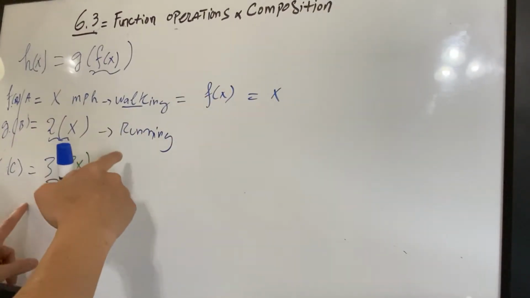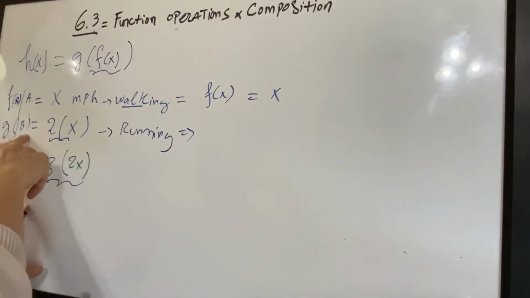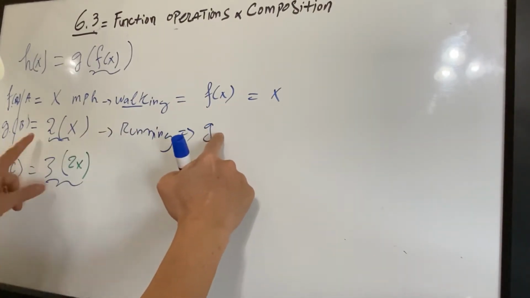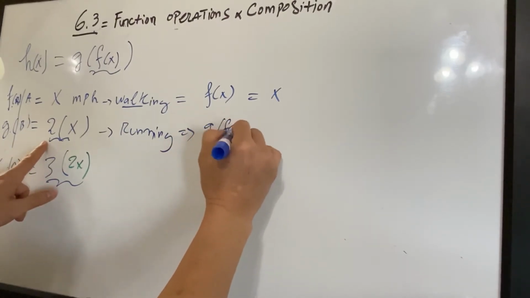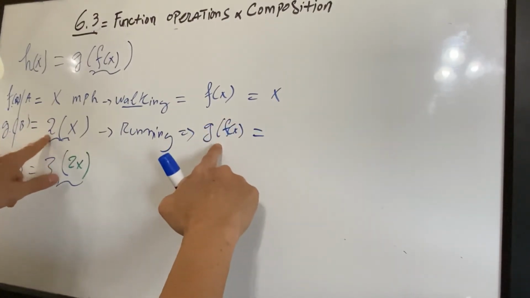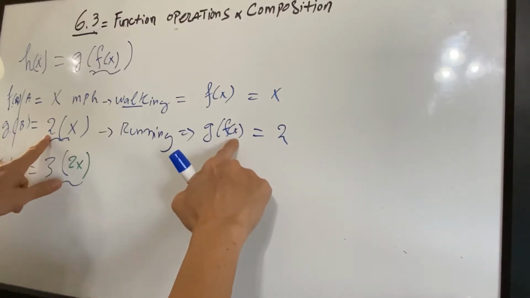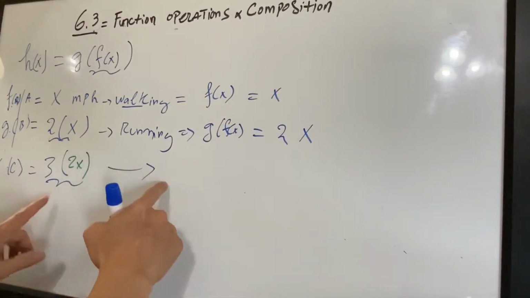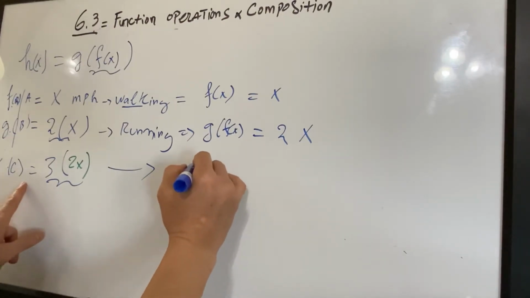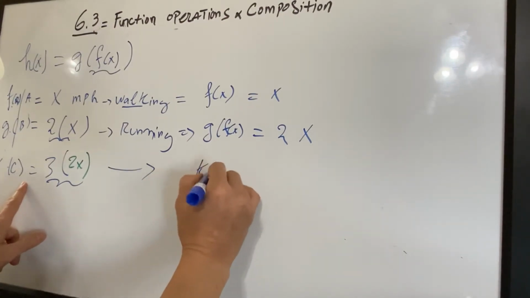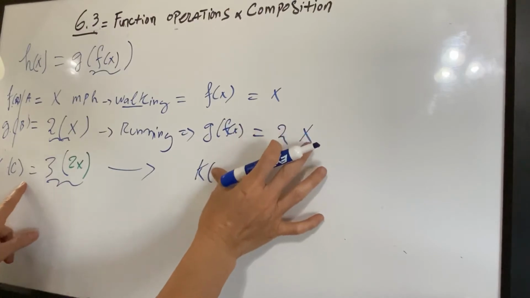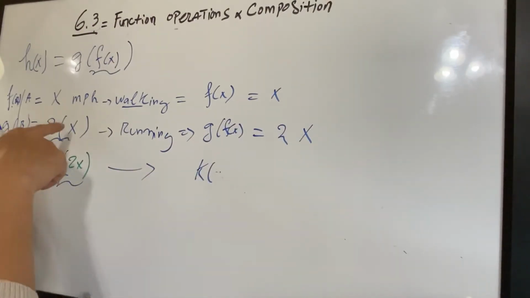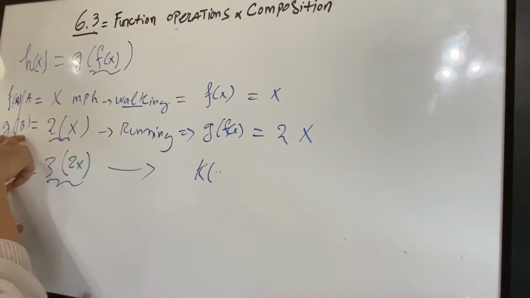Got it? Student B, g of x right now is what? g of f of x, which is 2 times what? f of x is x, right there. You got it? Now, what about student C? k right now is k of g of x.